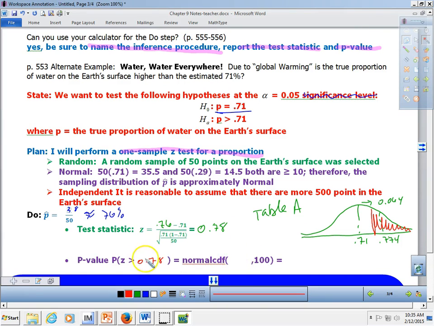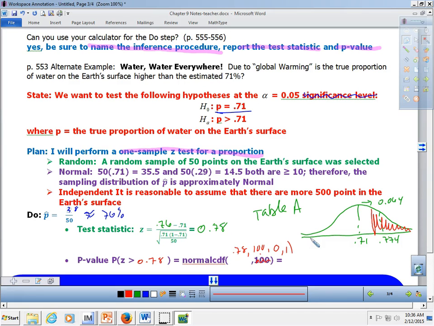Normal CDF, and if you're going to use the Z-score, and you can, then you're going to go lower bound, which is 0.78, upper bound, which can be 100, mean of 0, standard deviation of 1. Now you can always go back to the actual setting, but this makes enough sense to get into the standardized set of z-scores, where your mean is 0 and your standard deviation is 1.